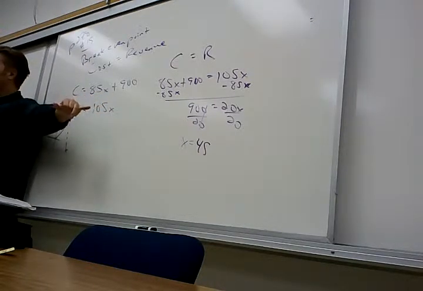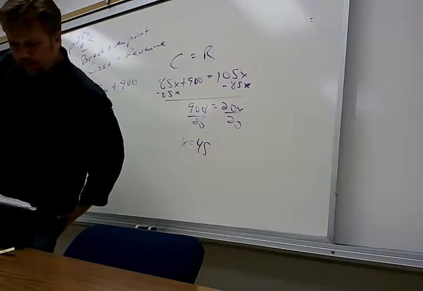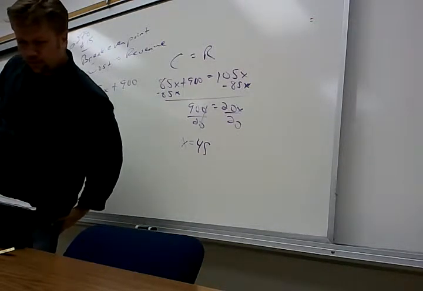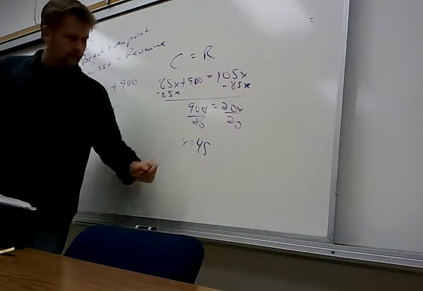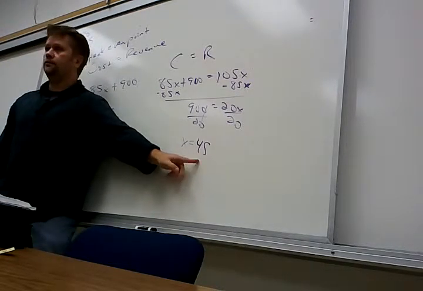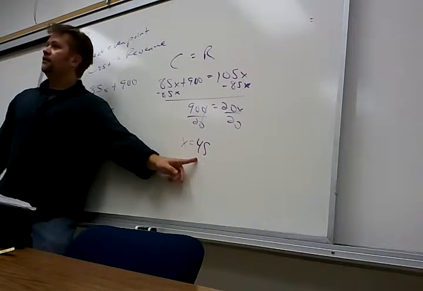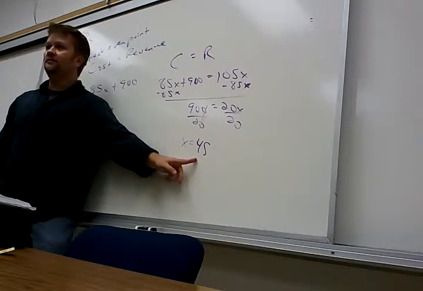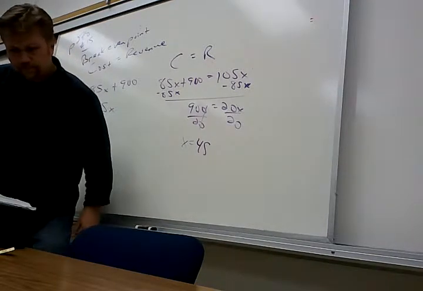I think part B says decide whether the product should be produced, based on whether it will earn a profit, and if I can make more than 45 of them and sell them, that'll earn a profit. So part B sounds like a good thing. If my X was 3 billion, I might say, holy crap, I'm not going to do that. The answer would be no. It says no more than 38 units.